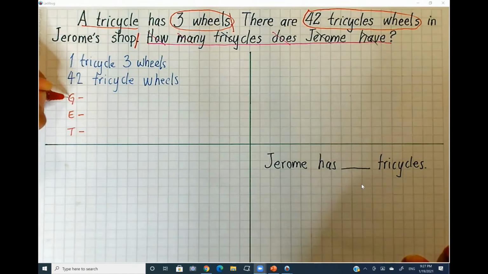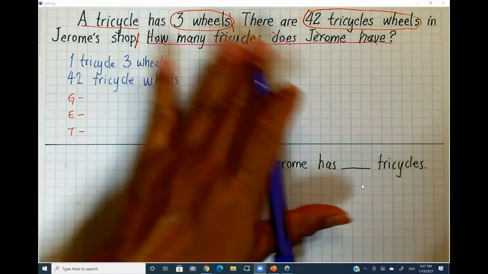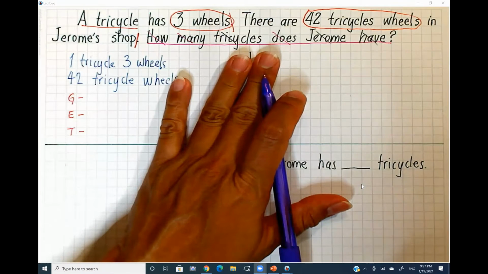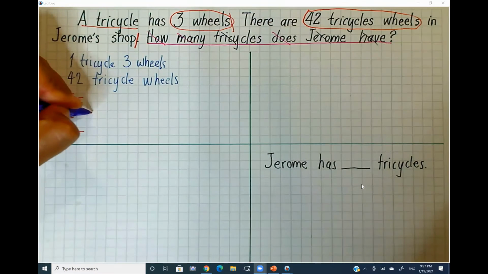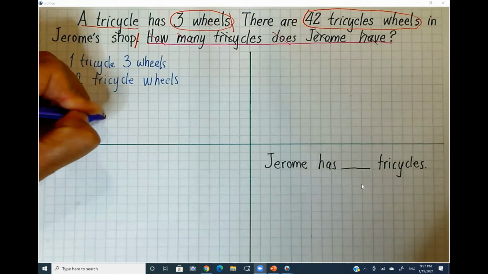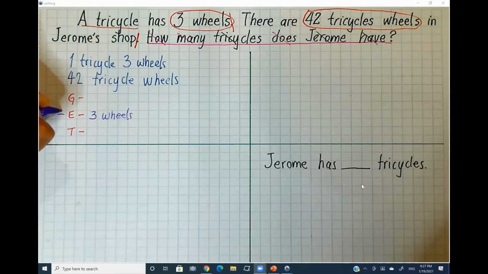We don't know how many groups, we only know how many each. We know each tricycle has 3 wheels. So this is going to be 3 wheels. And remember, if we don't know how many each, it's division. So far we know how many each. Groups so far I don't see, but I think we have the total.